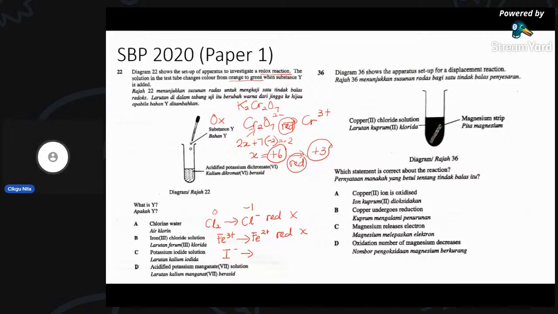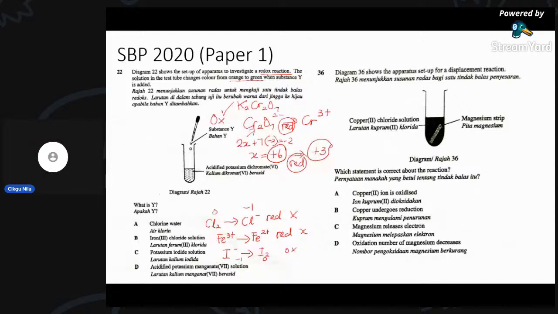Any ion that doesn't give any change of color will be the spectator ion. So I minus will become I2. So -1 becomes 0. So this is an oxidation reaction.